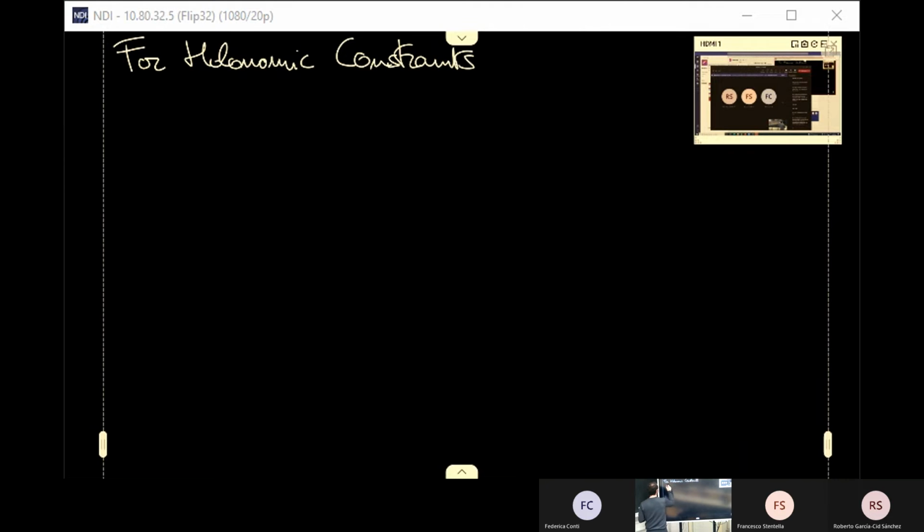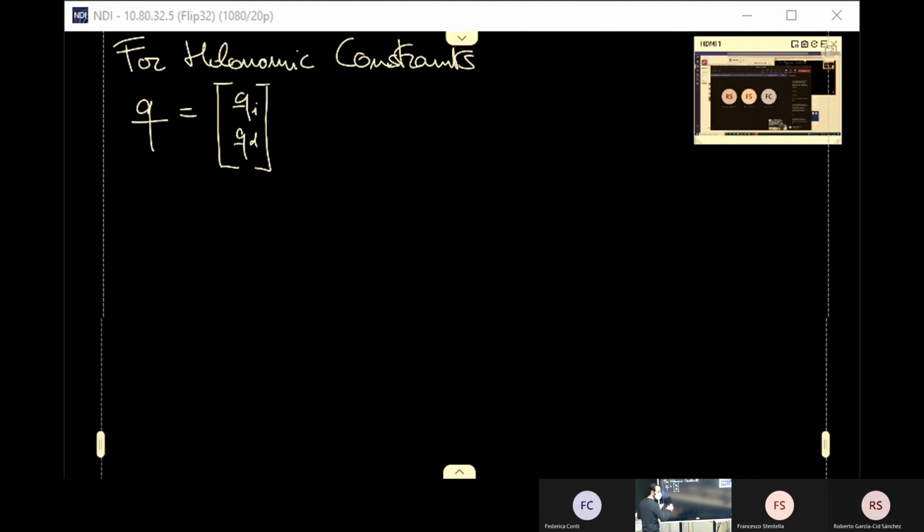From the constraint, if you remember, we had a vector of generalized coordinates, which can be partitioned into independent and dependent ones, and this can be always done. But then we can also do the following, if you remember, right?